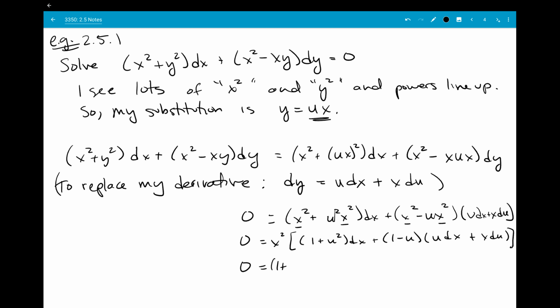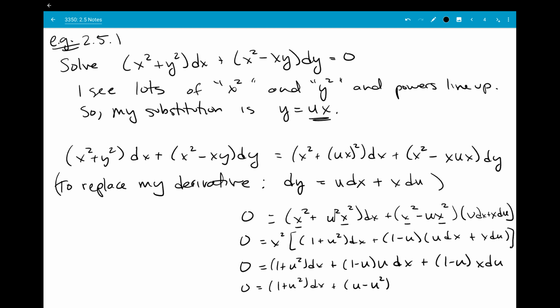And I've got my (1 plus u squared) dx. And then this thing I have to multiply through. So I've got (1 minus u) u dx plus (1 minus u) x du. So I've got 0 is equal to (1 plus u squared) dx plus (u minus u squared) dx plus (1 minus u) x du.